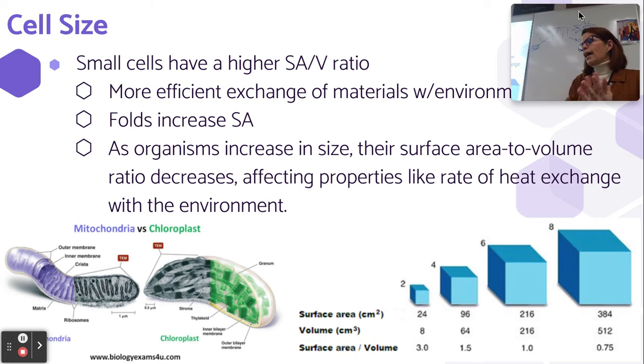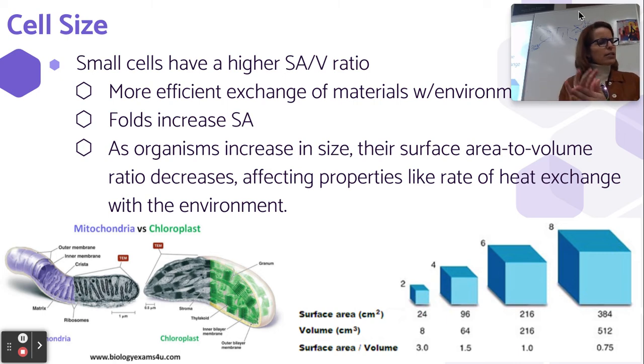You will probably have to do a calculation on that, where they give you on your equation sheet all the equations for surface area and all the equations for volume, and then you would probably be told to say which one is going to be a more efficient cell, and you would want to choose the one that has the higher surface area to volume ratio. So why? It allows more efficient exchange of materials with the environment. The folds increase the surface area.